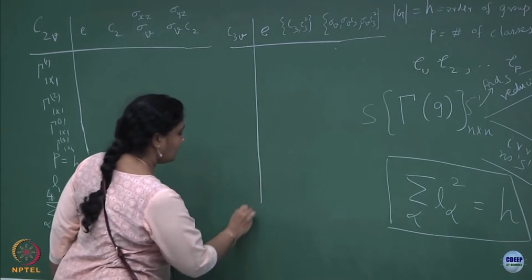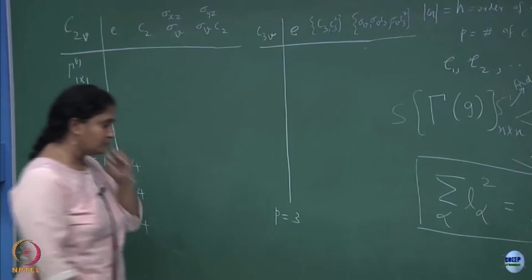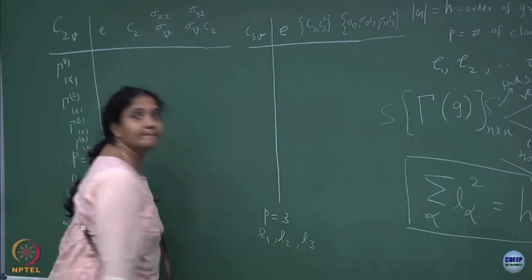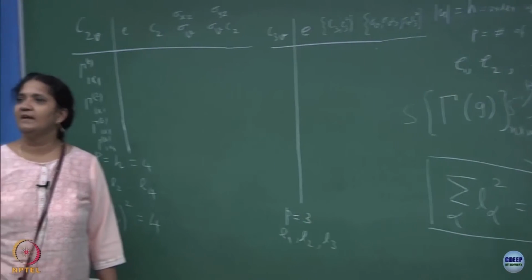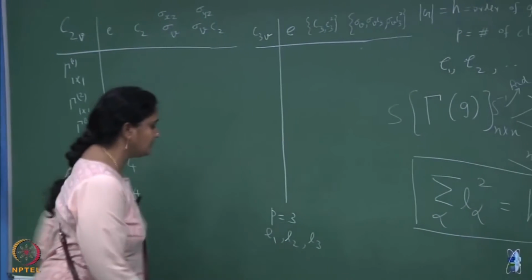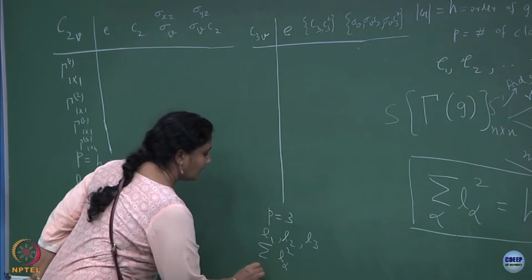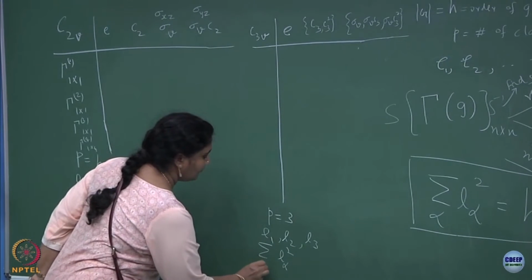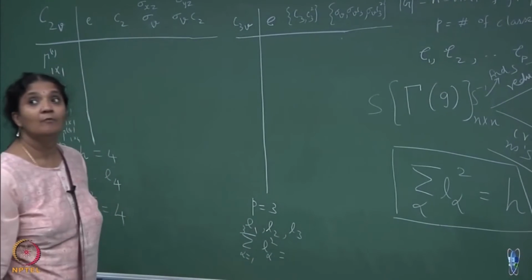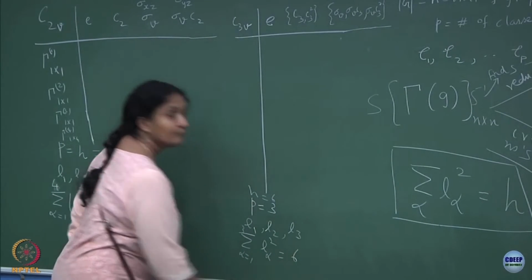So, you have P equal to 3. So, you will have L1, L2, L3. There will be 3 irreps. What are the dimensions? Summation over L alpha squared from alpha equal to 1 to 3 should give you the order of the group, which is 6.